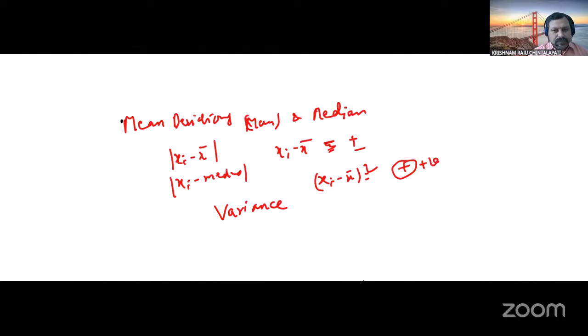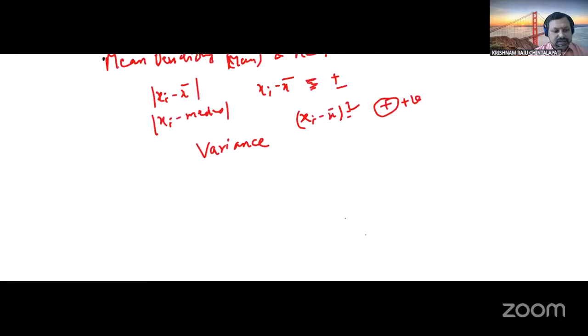So the mean of the squares of the deviations. So what is variance here? To overcome the problem with plus or minus, they came up with a new idea, that is variance.